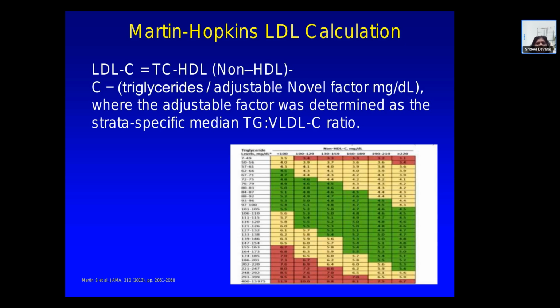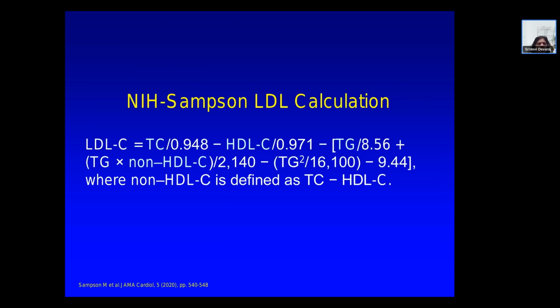This adjustable factor, and I know it's too small to see, but basically you have the non-HDL, the VLDL cholesterol derived based on different fractions of triglycerides. So you use this factor in this equation and you derive the Martin-Hopkins LDL equation. So as you see in a LIS, you have to actually build all of these 180 cell characters to be able to derive the LDL calculation from the Martin-Hopkins equation.